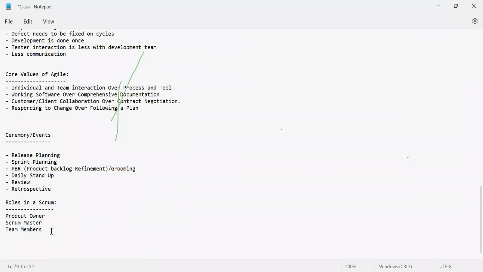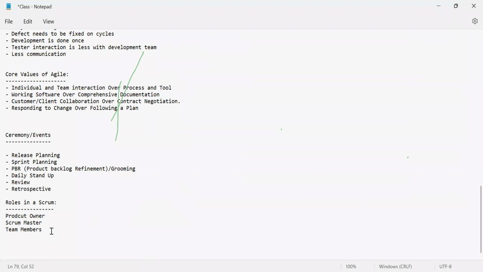While moving, previously there was a separate development team and a separate testing team. So all these testers are now part of the team members of a Scrum team. A Scrum team, as I said, is a small team having 3 to 9 people.